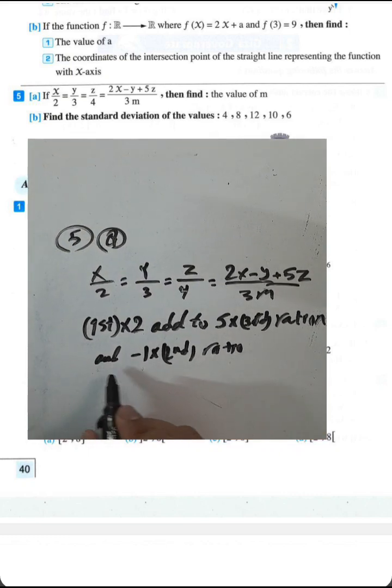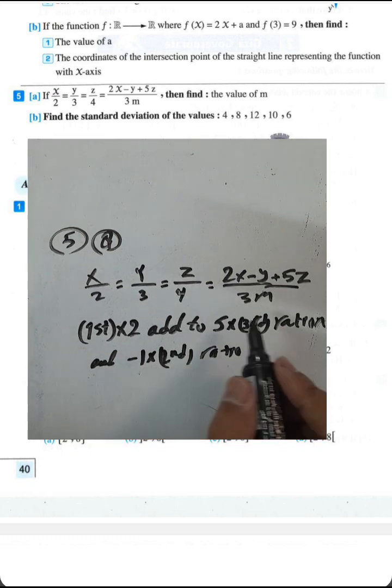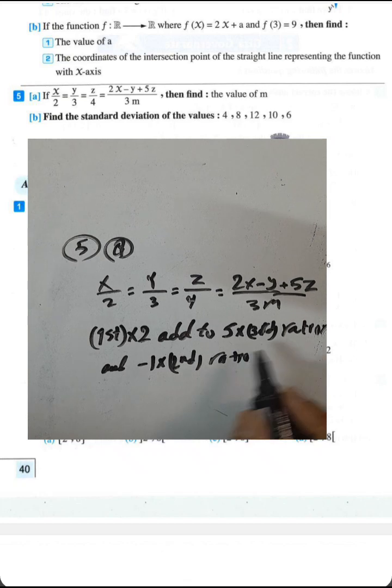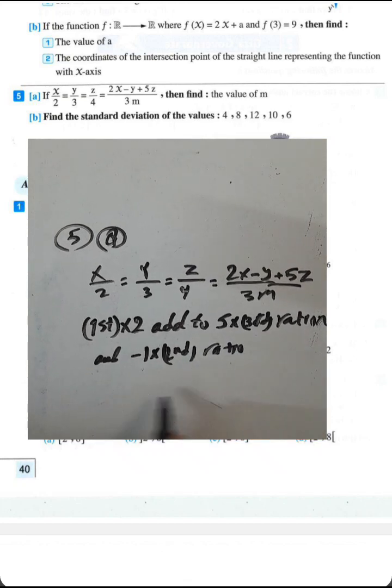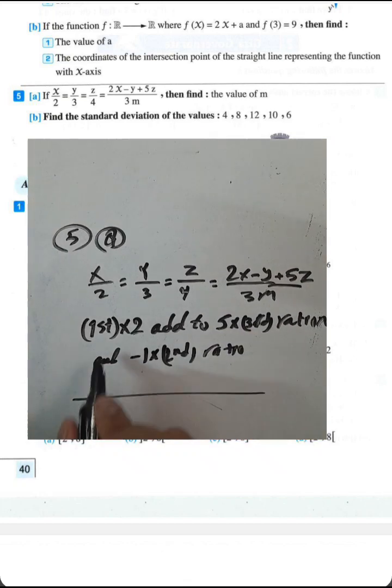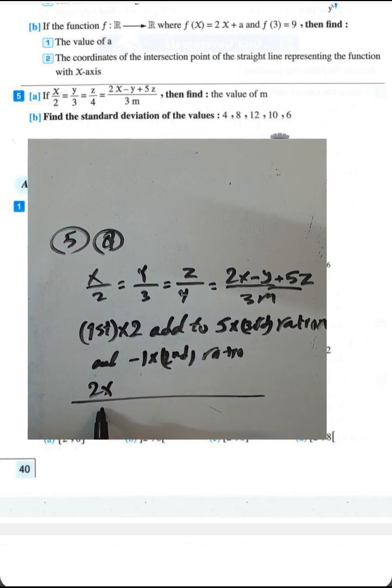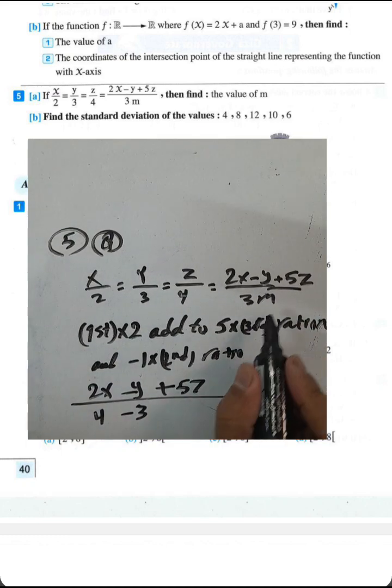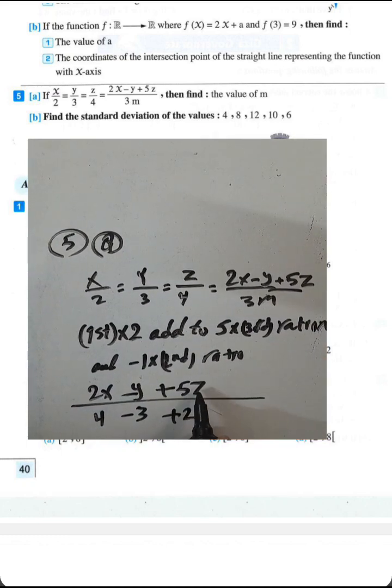The result will be what? Each ratio gives one of the ratios. Okay, we can use the rule here, and then add them. Right here 2x over 4, -y over -3, and 5z over 5 times 4, 20.